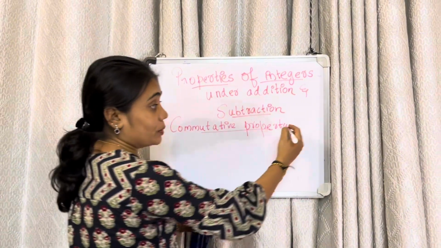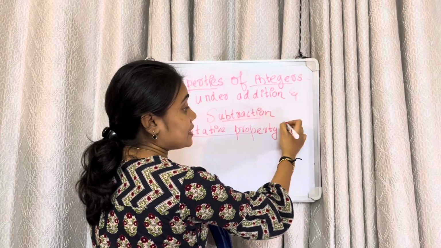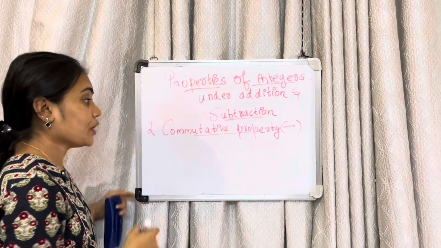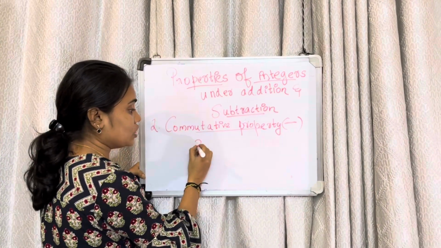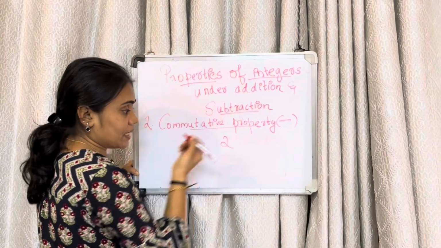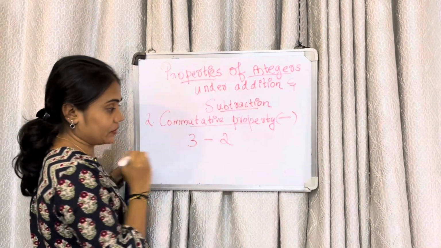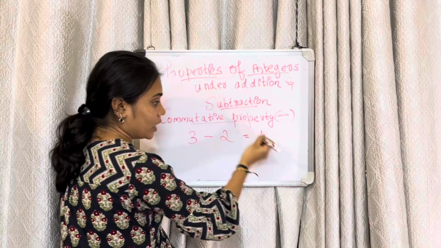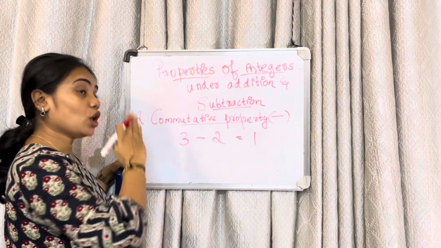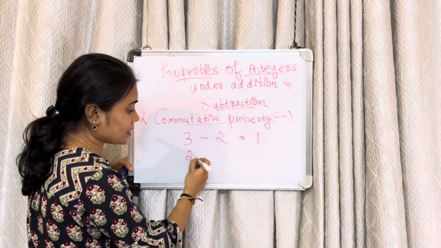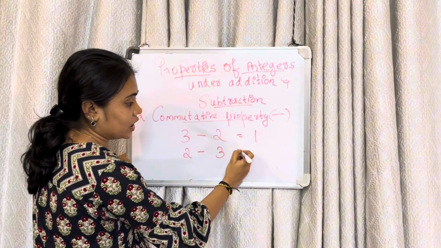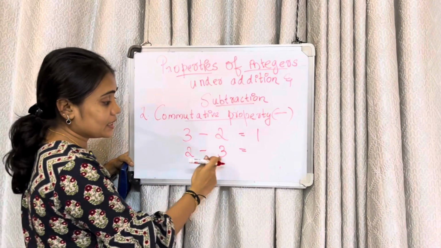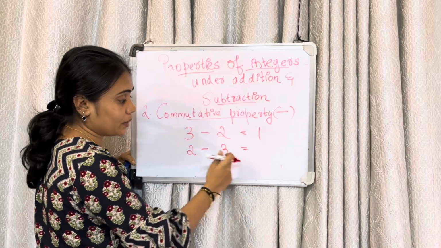Next, commutative property under subtraction we are going to discuss. I am taking two numbers, 3 and 2, with the negative sign. 3 minus 2, I am getting 1. That is an integer. Now I am taking the opposite of that, 2 first and 3 second. Here what happens? In subtraction, we have to subtract and put the sign of the greater number.